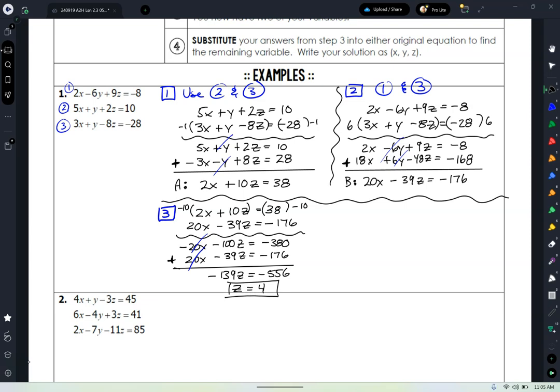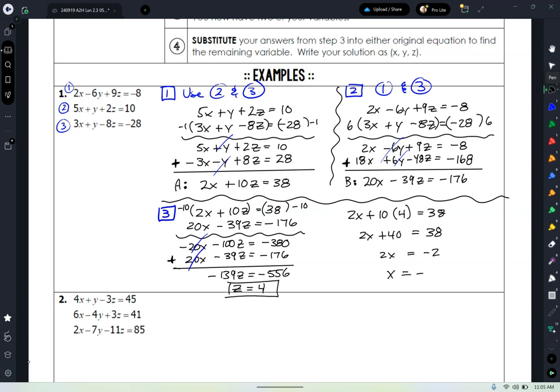And then from there, we take our z term and go back to one of our equations and plug it in. I'm just going to use the first one. So 2x plus 10z is equal to 38. Then I get 2x plus 40 is equal to 38. 2x is equal to negative 2.